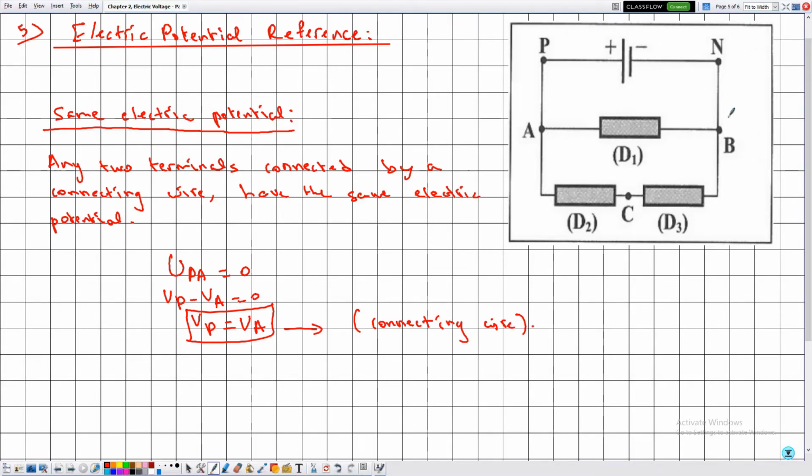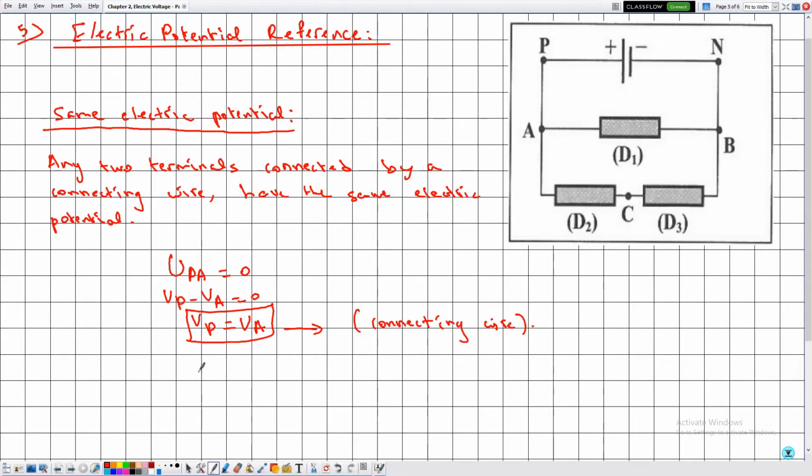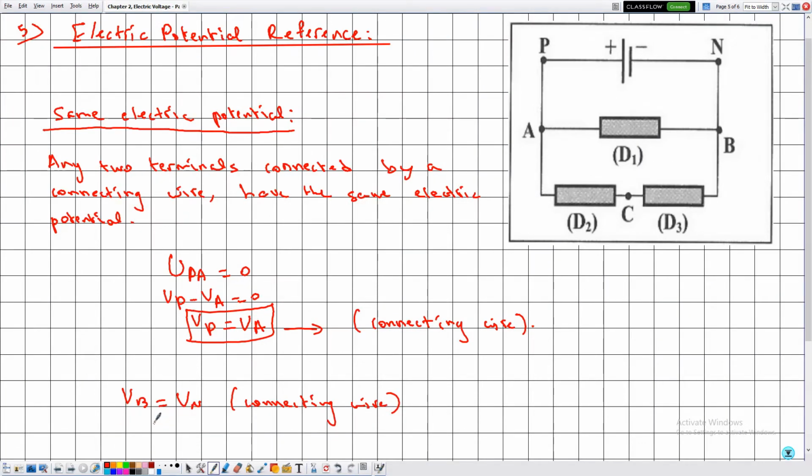So here, for example, the terminals B and N are connected by a connecting wire. So we can say that VB is equal to VN, and the reason is given by a connecting wire, without going through this justification. So we can directly say that the potentials at B and N are equal, and the reason is given by connecting wire.